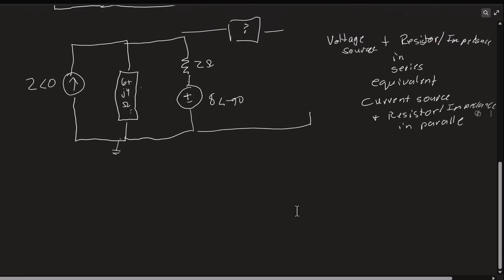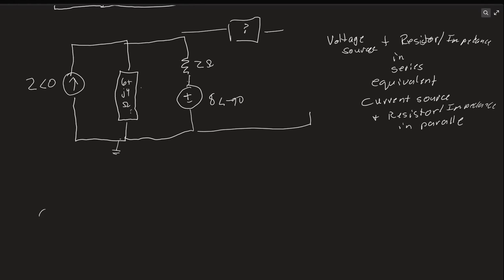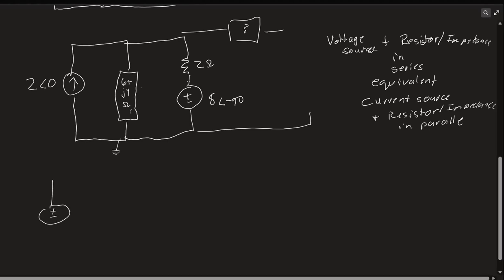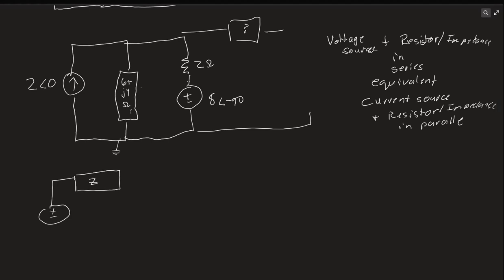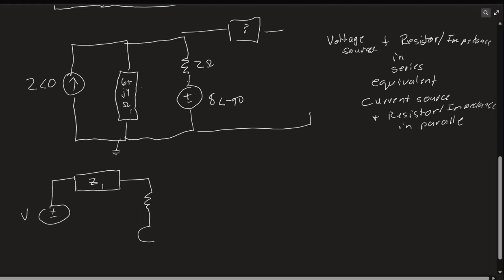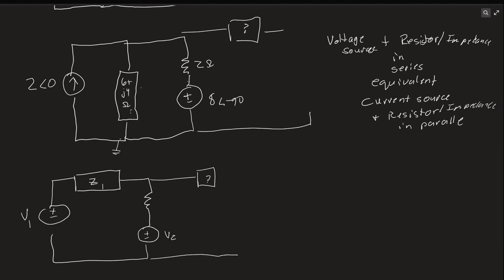So if I transform the right two, then I would have something that looked like that.